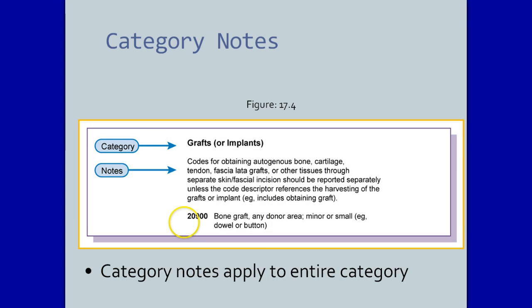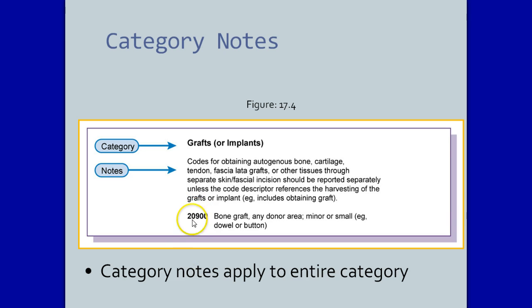Now we have categories. Under the subheading of vertebral column or spine, we have forward slash grafts. So grafts is the next category, and within this category there are some additional notes specific to grafts. Any notes within the category apply to that entire category.